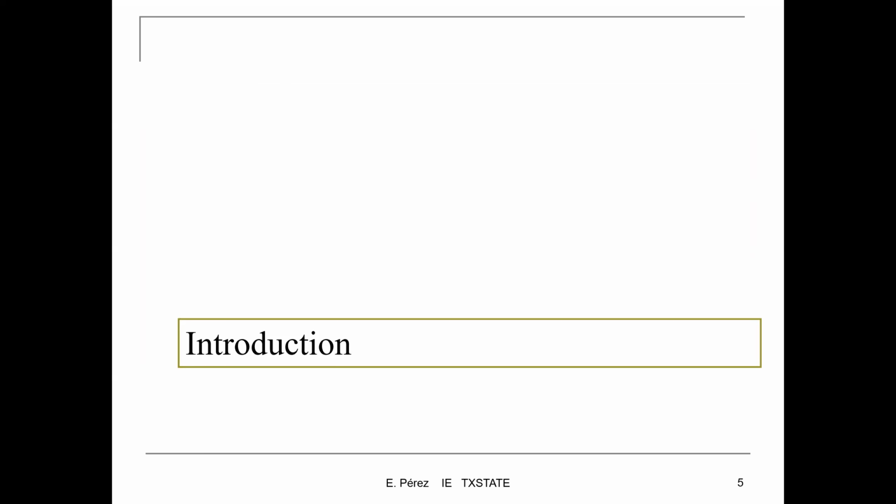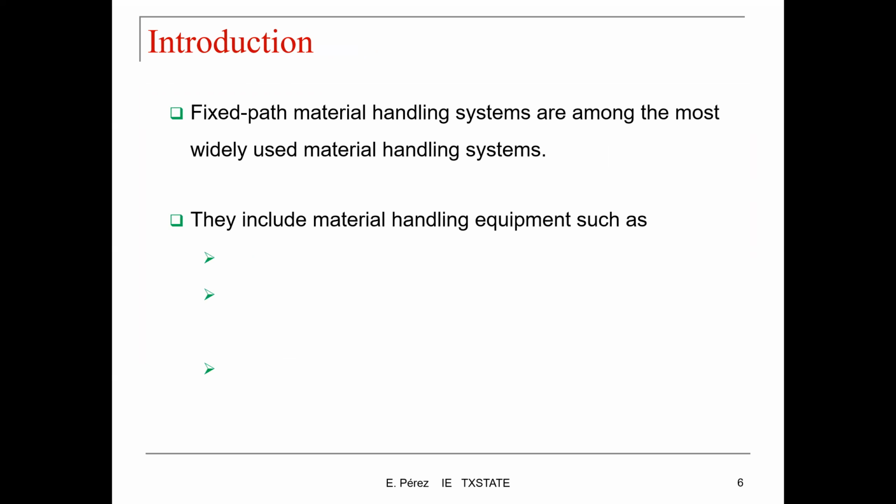So as an introduction, fixed path material handling systems are among the most widely used material handling systems. You saw in our previous lectures that we discussed different types of material handling equipment.